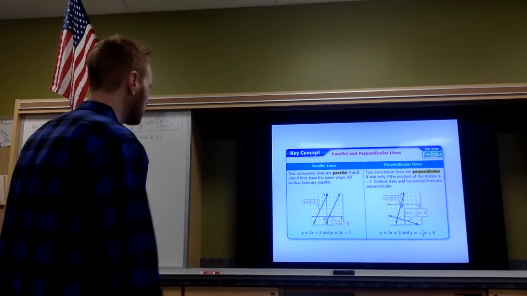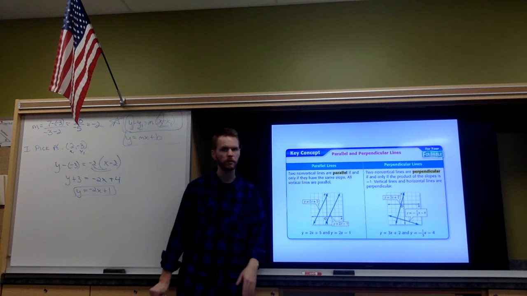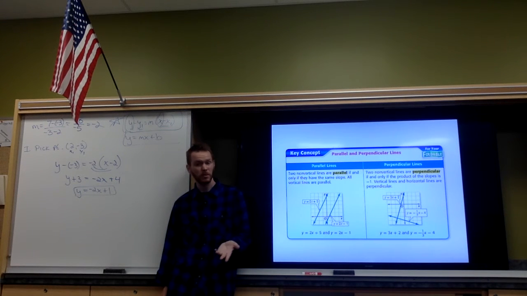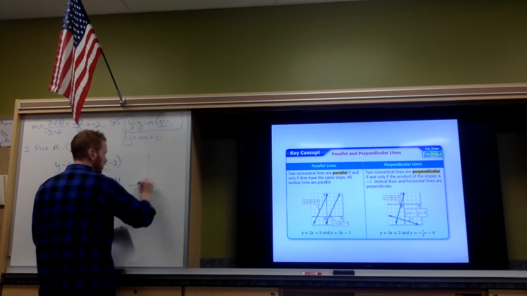Okay. Last concept, parallel and perpendicular. This should look familiar from Algebra 1 and geometry, hopefully. Parallel lines mean that they don't intersect. If the lines don't intersect, then they must have the same slope, right? If my line, like here's my grid, here's one line.